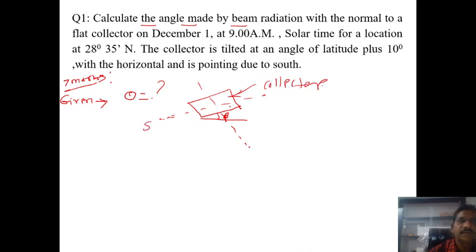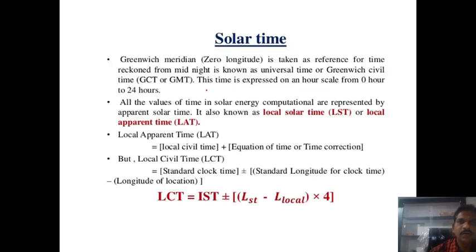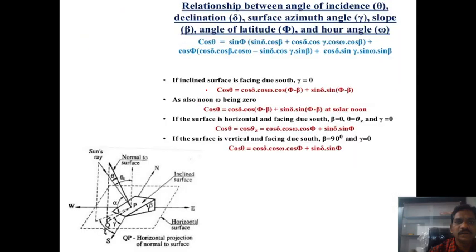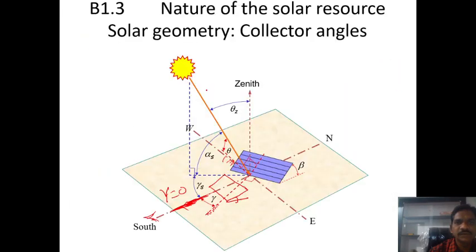South, north, east, west. We know all the angles. There will be these sun rays, and these will be incident. Okay, we know all this solar radiation geometry, we already learned. Once again I show this figure to you guys. The same figure will be there.